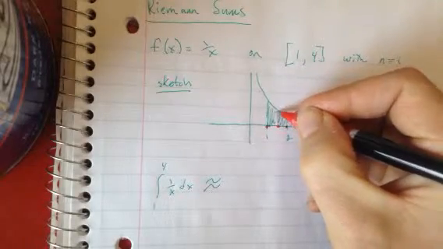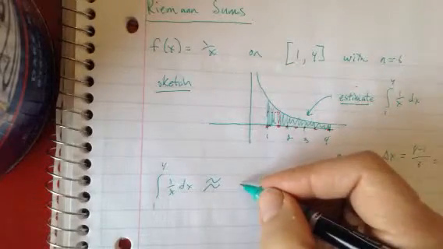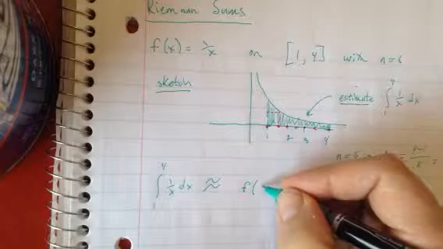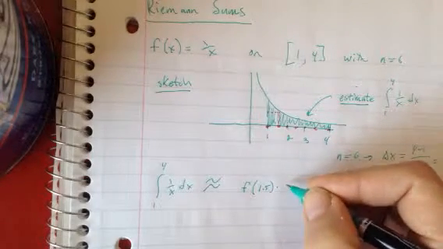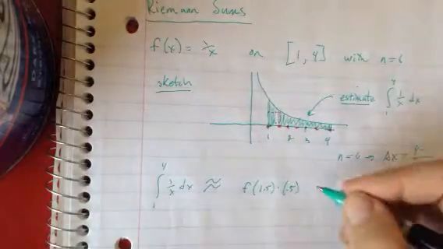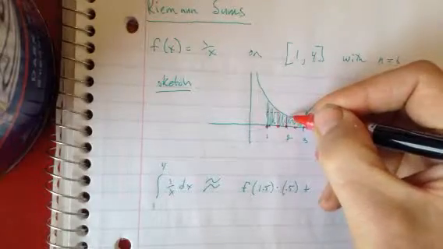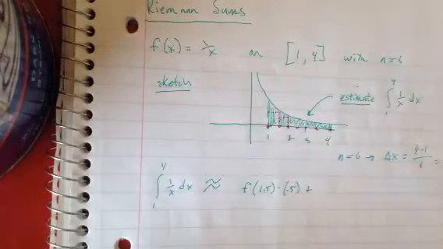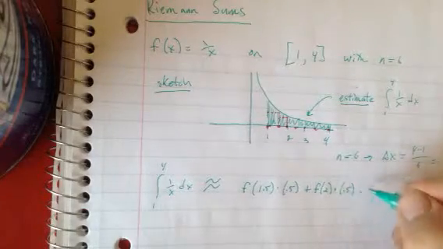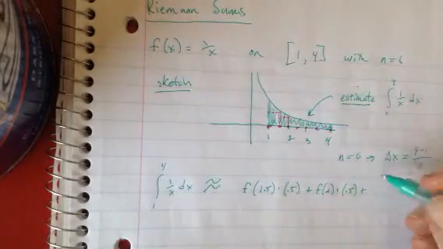Do this rectangle, which is f of 1.5 times 0.5 plus this rectangle, f of 2 times 0.5 plus, I'm going to run out of space here, I'll do one more.